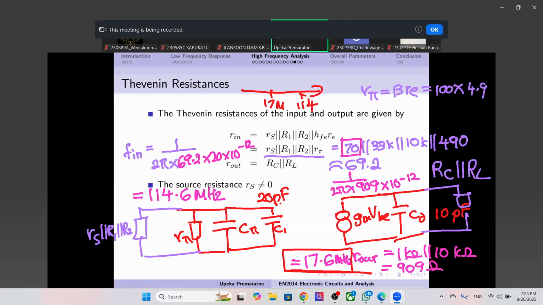So here is the mid-band frequency. The roll off will start at 17, and the first critical frequency is going to be 70 megahertz, right? So this will be an additional roll off.